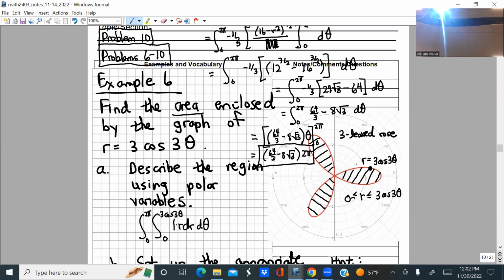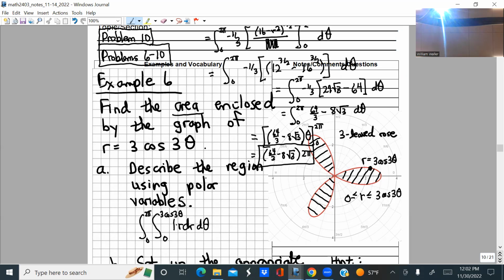If you think about tracing that, walking around the entire 3-leaf rose, your angles would encompass all angles from 0 to 2 pi, because you're moving through every quadrant.